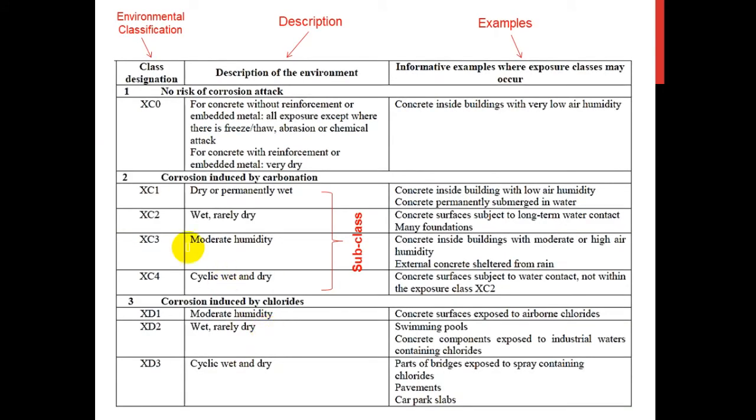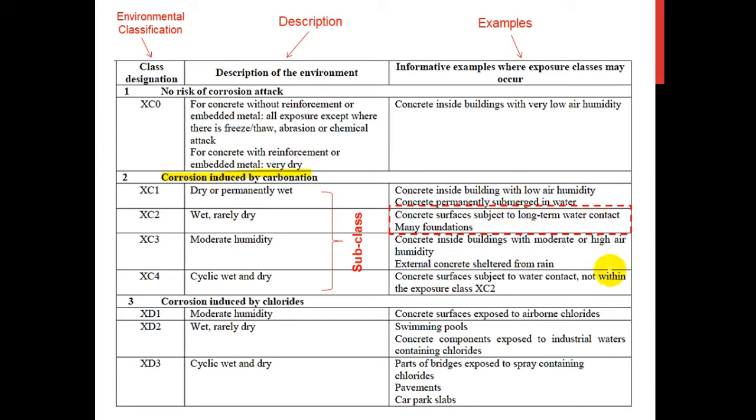For instance, the XC here is designated for the design under carbonation corrosion risk. This one here. So this is designated as XC. We have XC and its subclasses XC1, 2, 3, and 4. If, for example, my foundation design falls into subclass XC2, then it meets with the description provided in the table.